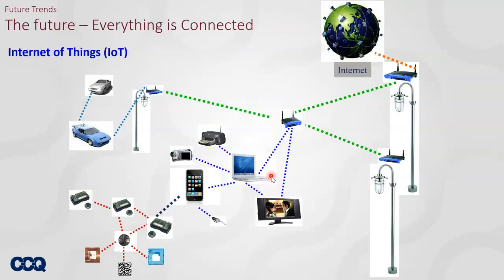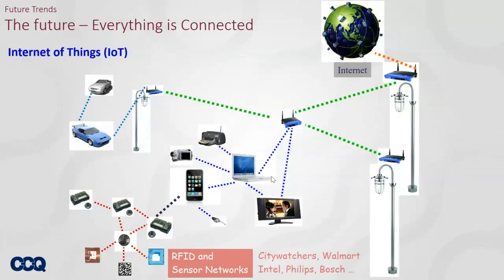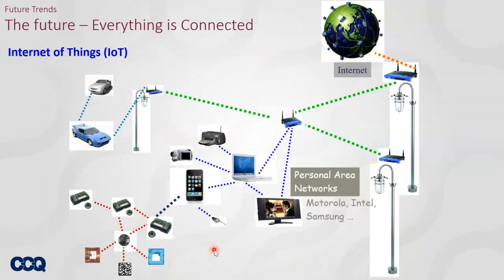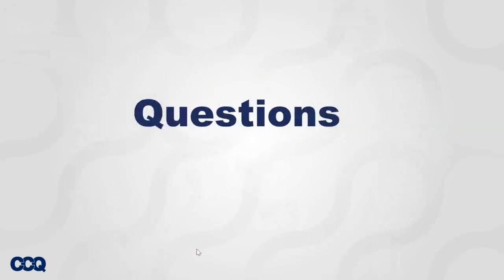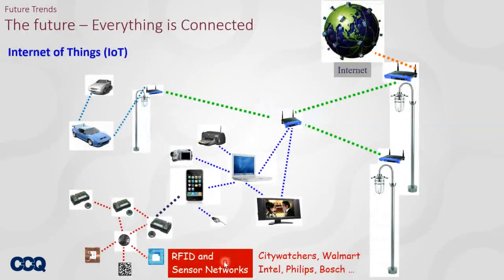So the Internet of Things, IoT, refers to the network of interconnected devices and sensors that communicate and exchange data over the internet. Here it is important to mention RFID technology, radio frequency identification. It is a technology that uses radio waves to automatically identify and track objects with embedded tags.